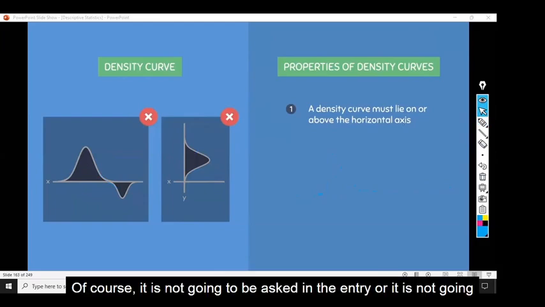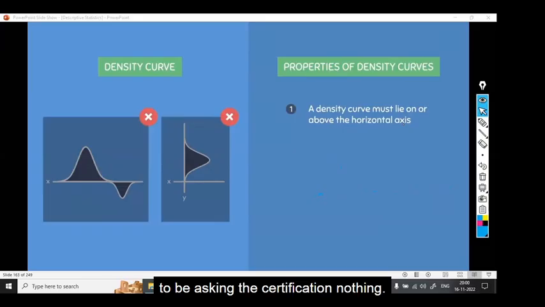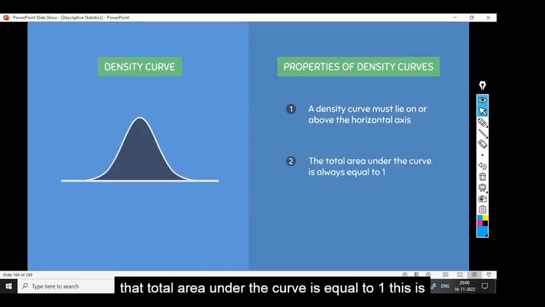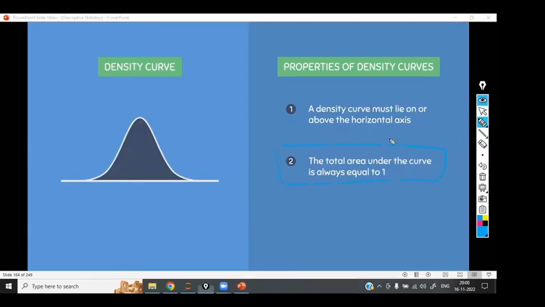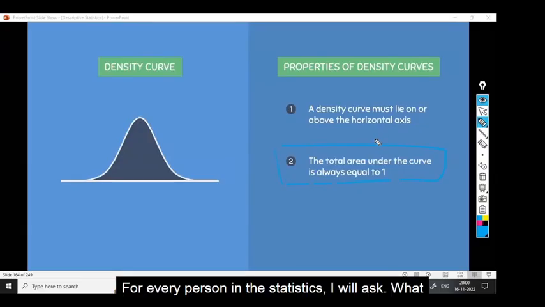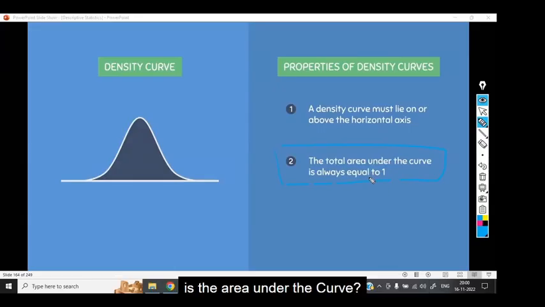Of course, it is not going to be asked in the interview or in the certification, nothing. Just basics, right? Now, always the total area under the curve is equal to 1. This is the most favorite interview question for me. For every person in statistics, I will ask what is the area under the curve.